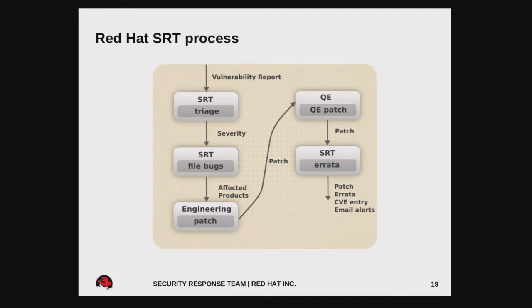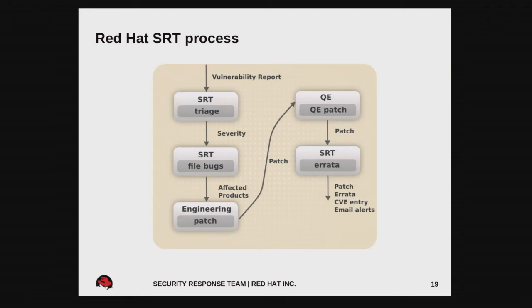As soon as we get that, we triage the issue and assign severity. The important thing here is assigning severity, because the policy that we have is if you have an important or critical issue, we'll release an asynchronous patch for it. That will go outside of the release schedule of the product, and we'll give you an asynchronous patch specifically for that issue. So scoring the severity of the issues is very important.